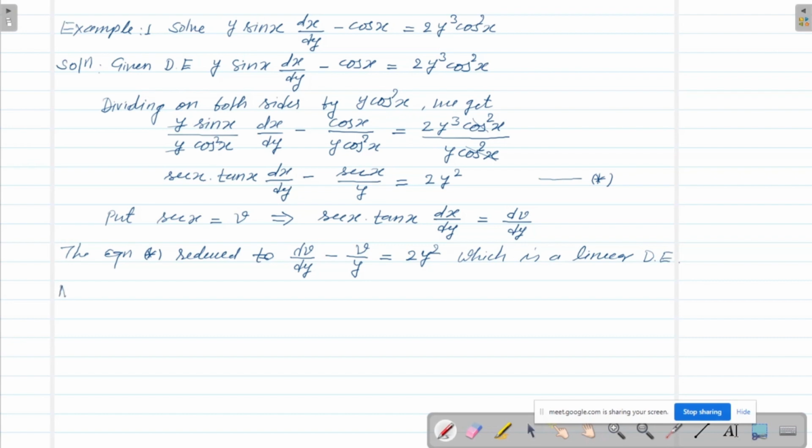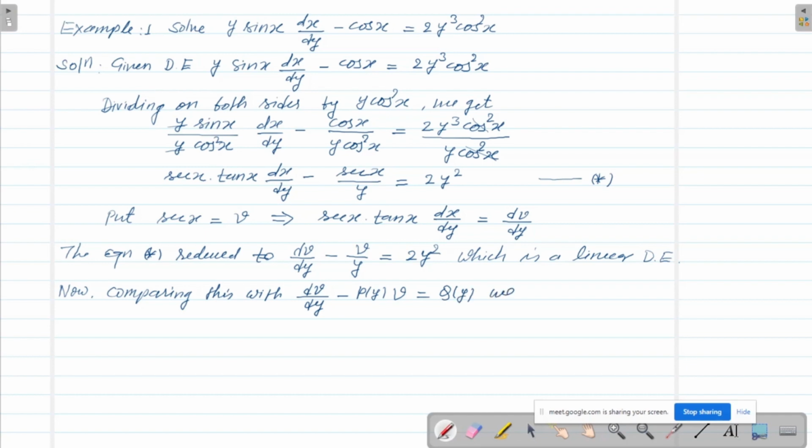Therefore, now comparing this with the standard form of linear differential equation, that is dv by dy plus P of y into v equal to q of y, where P is a function of y.